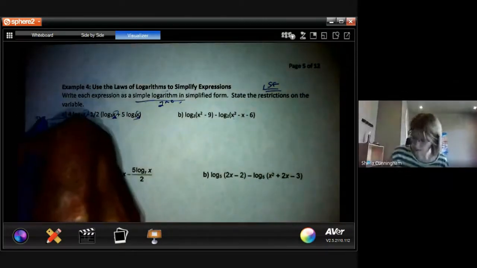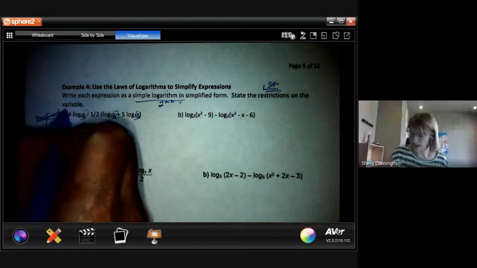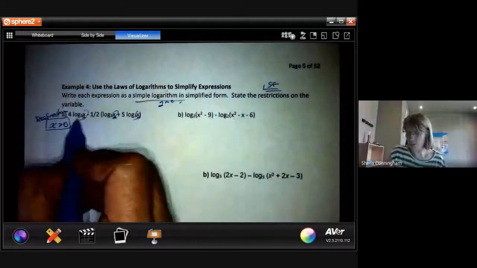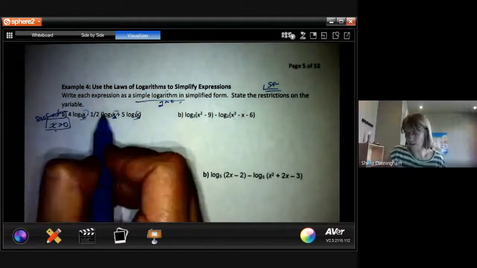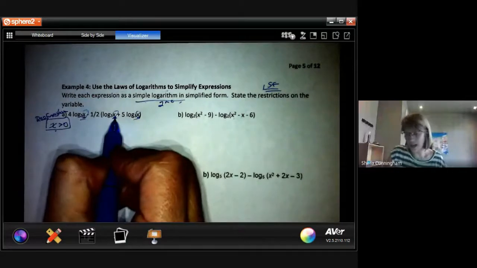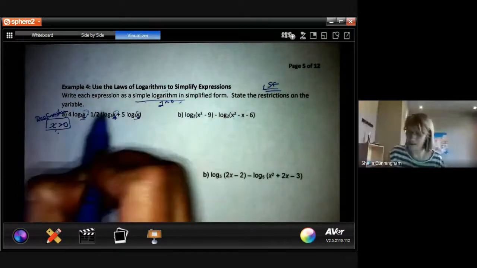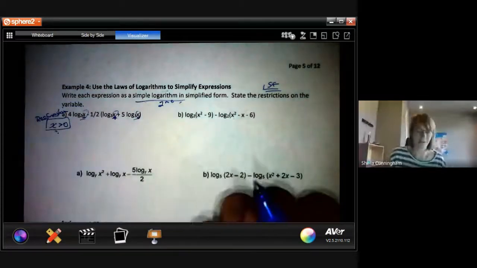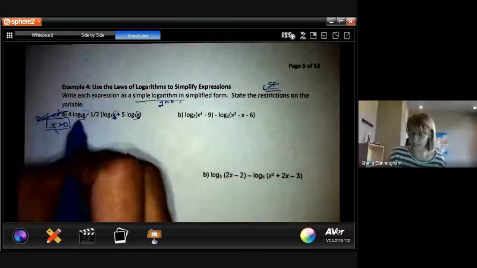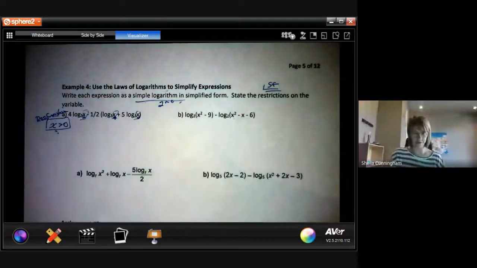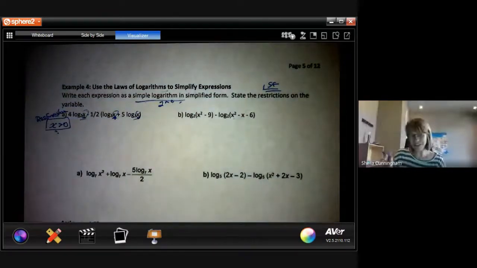I don't need to write that the restriction is x greater than 0 in this one, and x greater than 0 in this one, and the same again here. I'm writing it down once for all of them, because it works for every single one of them. Does that make sense? Are there questions on that?